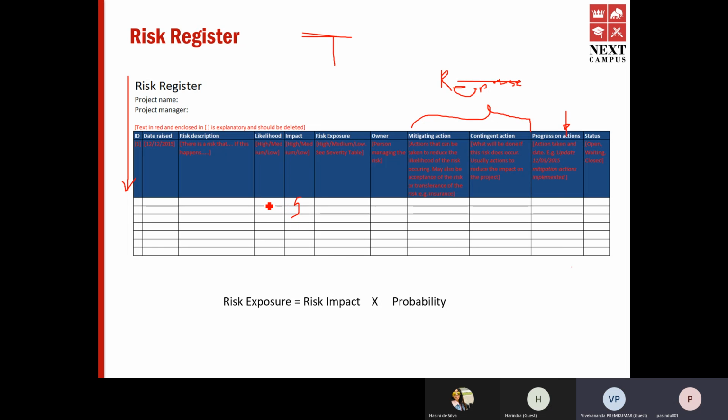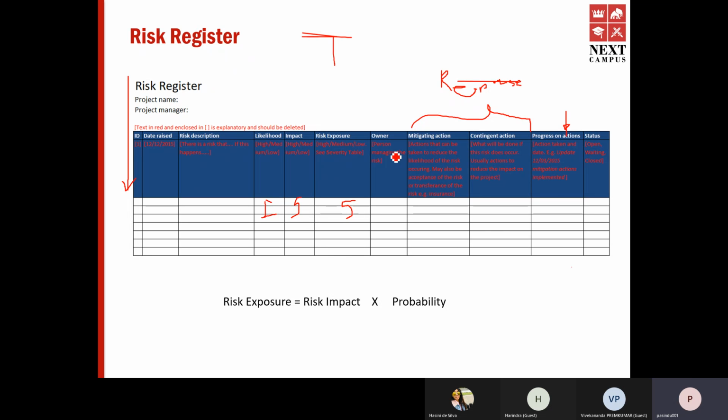But your likelihood might be very low, 1. So your risk exposure is 5, which is still a low risk. Even if the impact is high, you don't need to consider it a big risk.